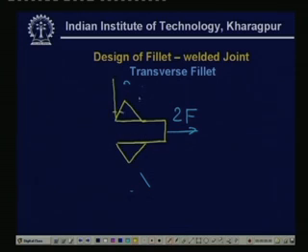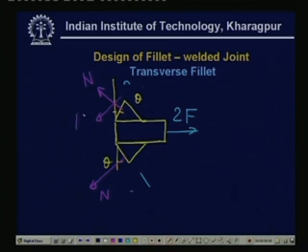This angle is theta, this angle is again theta, and there will be no force here, and there are these other forces, the normal force. Because of symmetry, there will be the same normal force there, and there will be the horizontal, that is the parallel force.